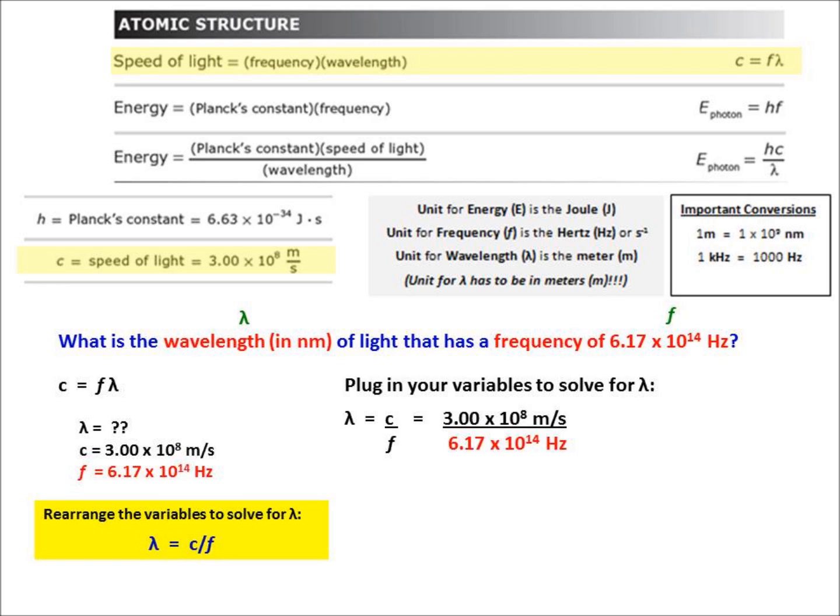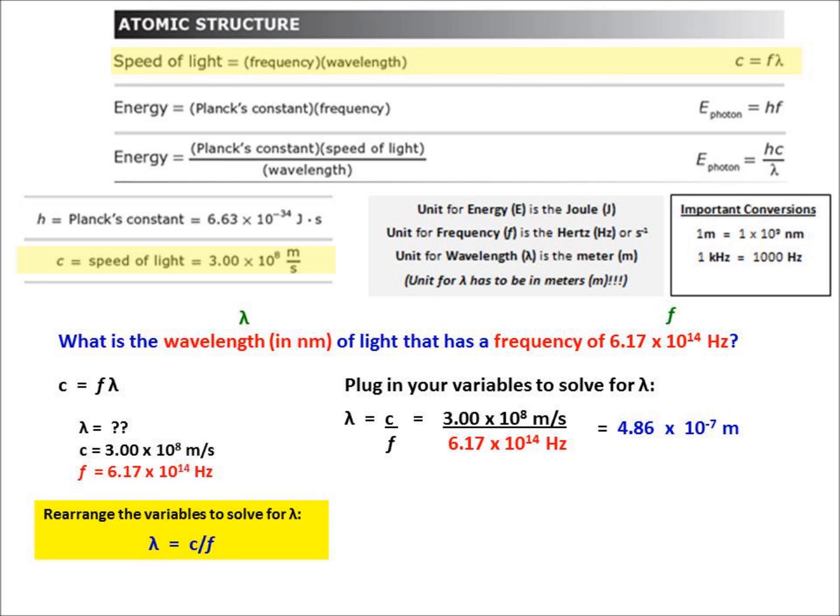On top I'm going to plug in my speed of light, which is 3.00 times 10 to the 8th meters per second, and I'm going to divide it by the frequency that was provided for us in the problem, which is 6.17 times 10 to the 14th hertz. I plug all these into the calculator, and what I end up with as an answer for the wavelength of light is 4.86 times 10 to the negative 7th meters.